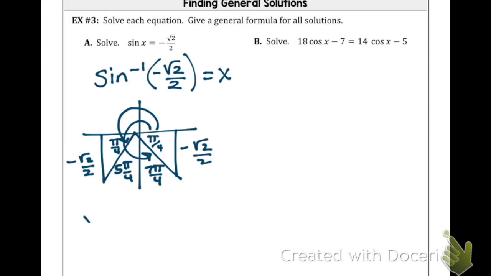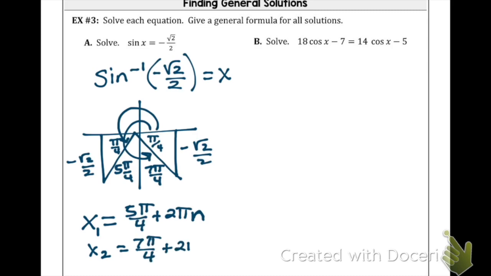So my first x for general form is going to be 5 pi over 4 plus a full rotation in any direction. And my second value of general form for solutions would be 7 pi over 4 plus 2 pi n in any direction, where n is an element of the integers. And those would be your solutions.